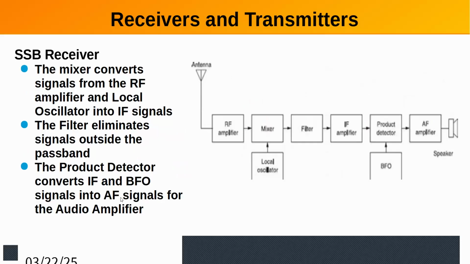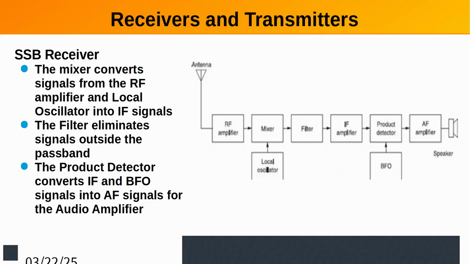If it's a single sideband receiver, I'm still going to possibly have an RF amplifier. Most radios have a preamp you can switch in at maybe one or two gain levels, and also an attenuator. I bring the signal into a mixer with the local oscillator, which is a balanced mixer.